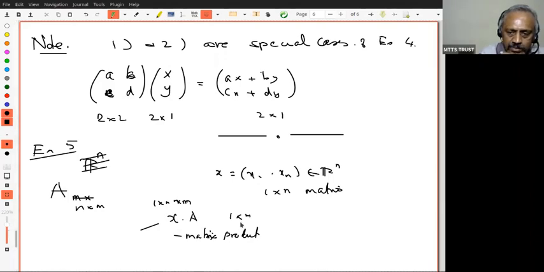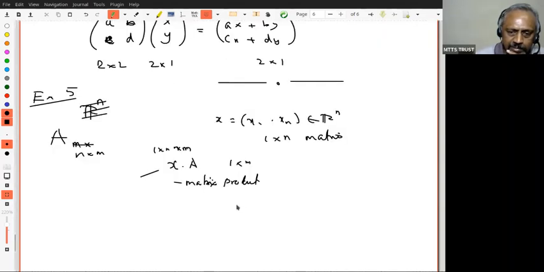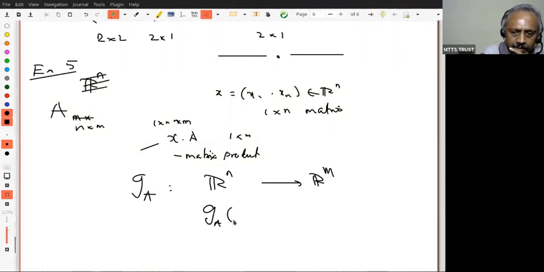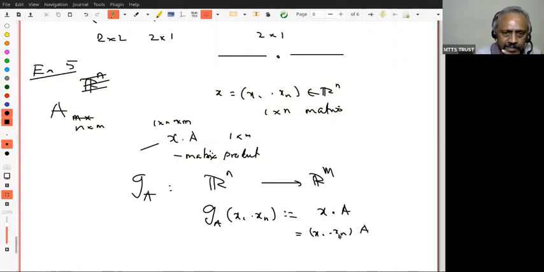It is 1 cross m. That's a row vector in Rm. Therefore, what will I get? I will get a map, call it GA. This is a map from Rn to Rm now. And GA of the row vector x1, x2, xn is by definition x dot A, that is x1, x2, xn times A. Do you follow that? Again, you can check this is a linear map.